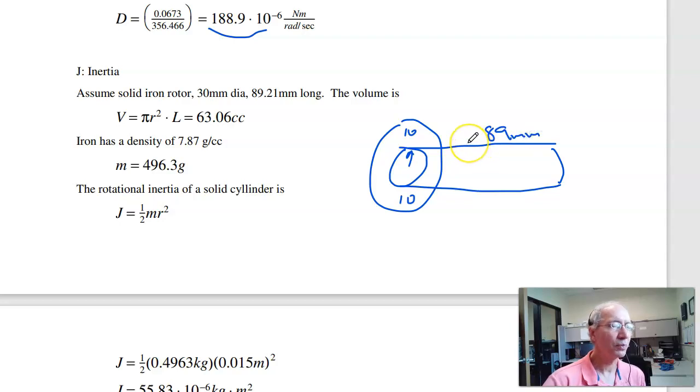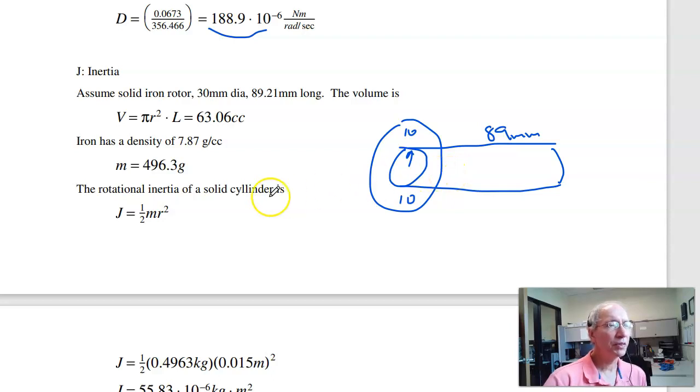Again, wrong, probably, but I don't really have a lot else to go by. And in that case, I can find the mass, or the volume. The volume is 63 cc's. If it's iron, iron has a density of 7.87 grams per cc. It's 496 grams, about a pound.